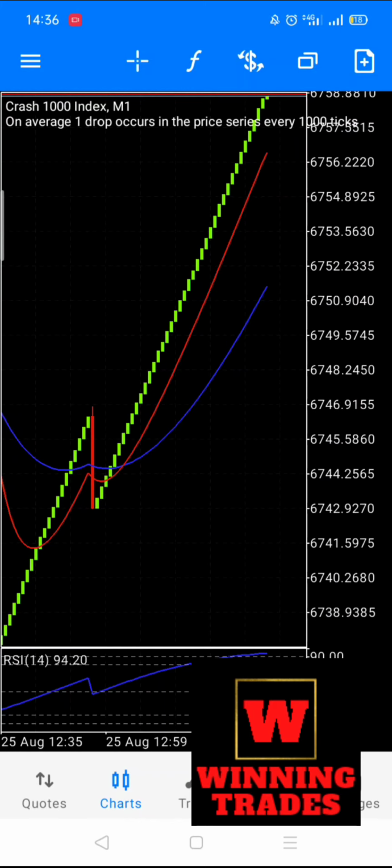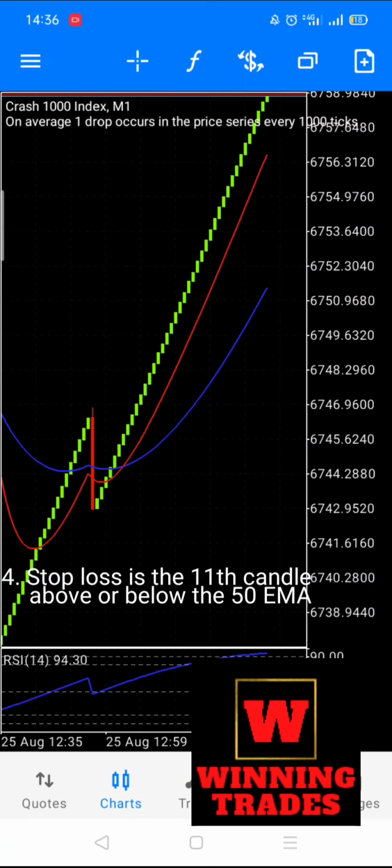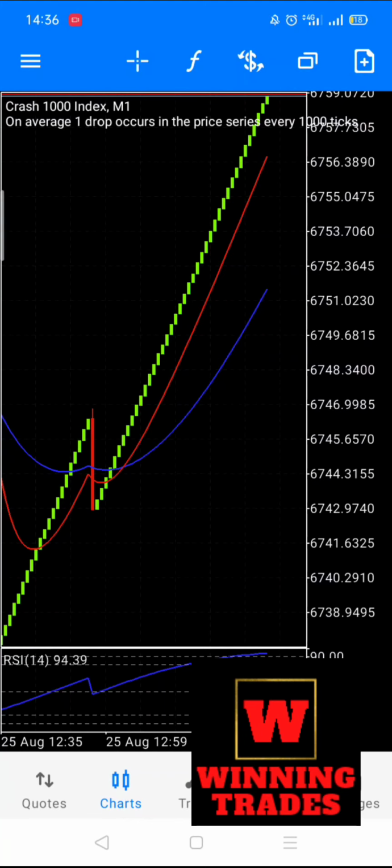That's the third rule. The fourth rule is that your stop loss for both the 13 EMA position and the 50 EMA position should be 7 to 10 candlesticks above or below the 50 EMA, depending on whether you are trading the Boom or the Crash indices. Your stop loss is 10 candles.